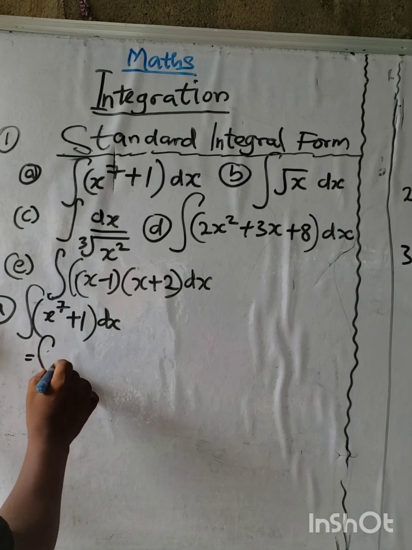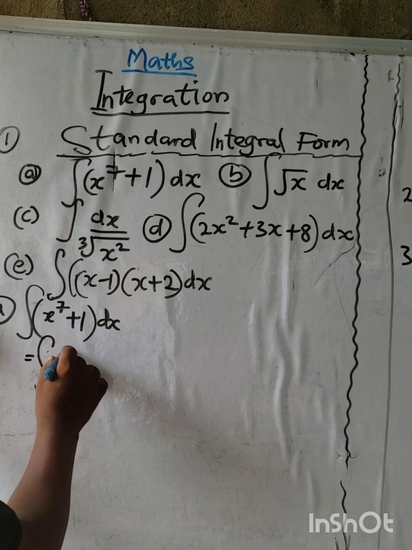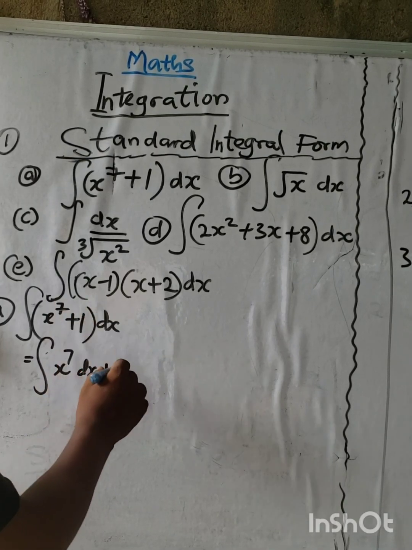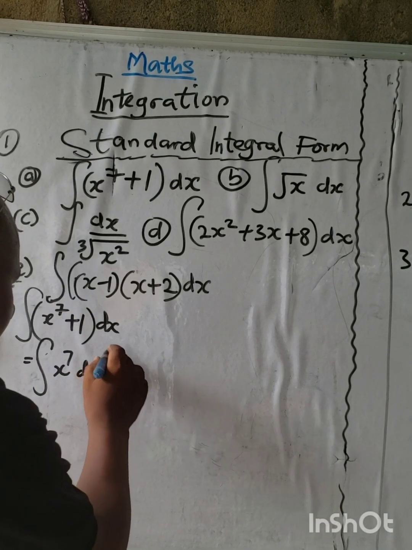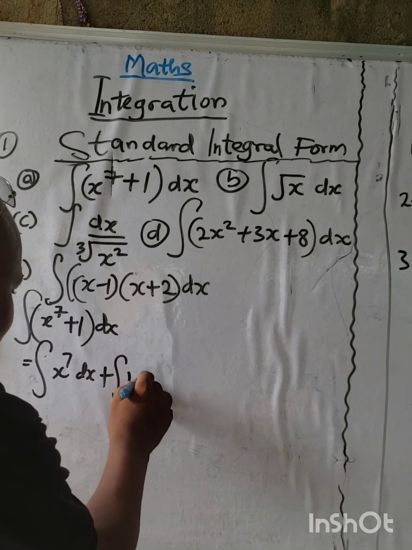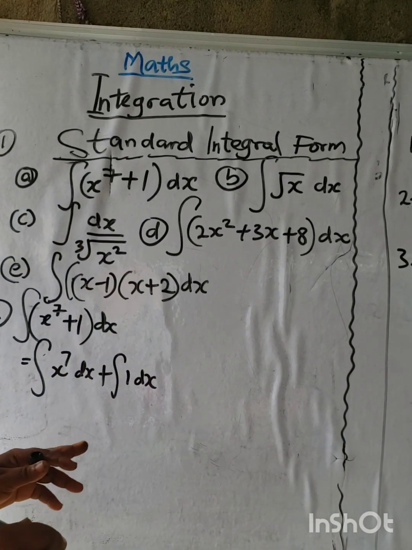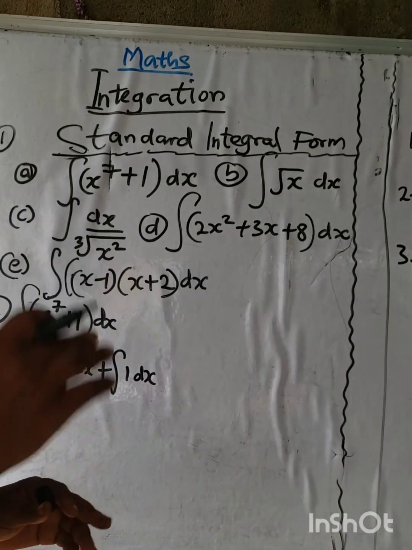integral s7 ds plus integral 1 ds, and there is one constant we normally leave before in differentiation.